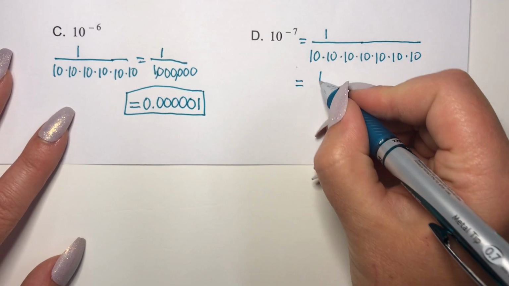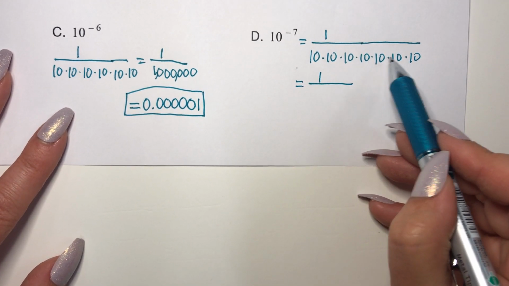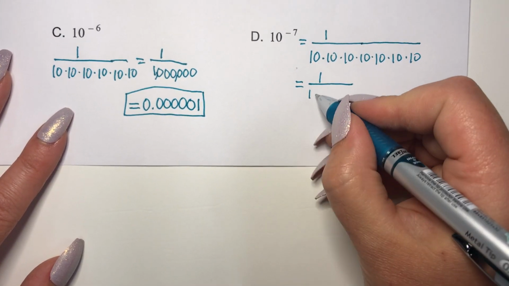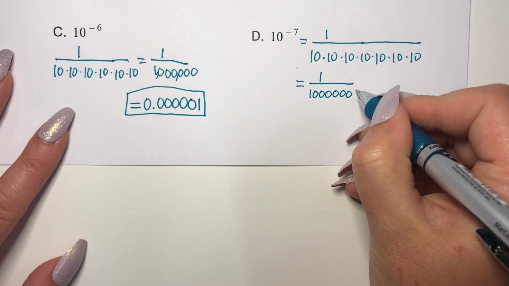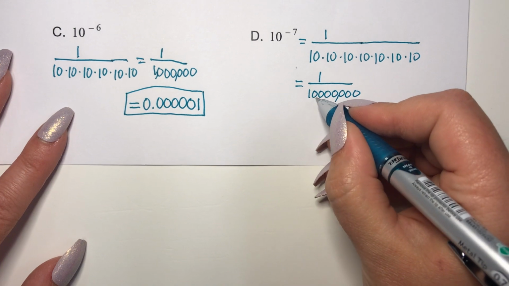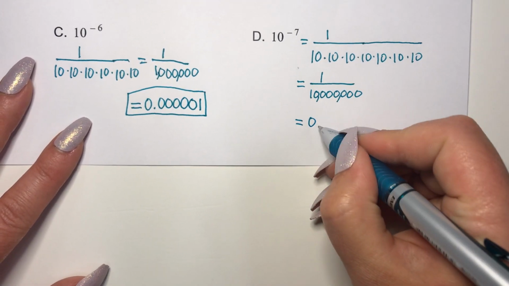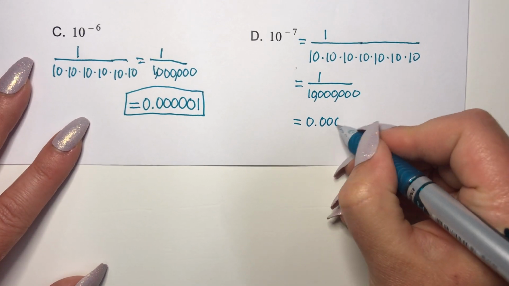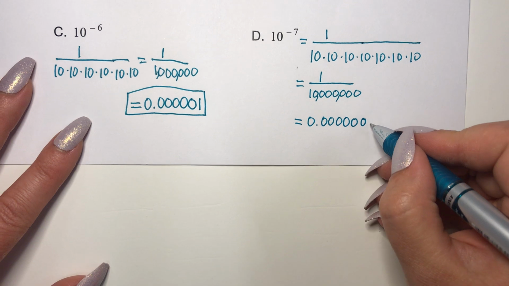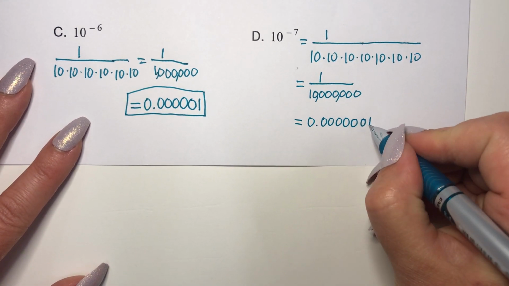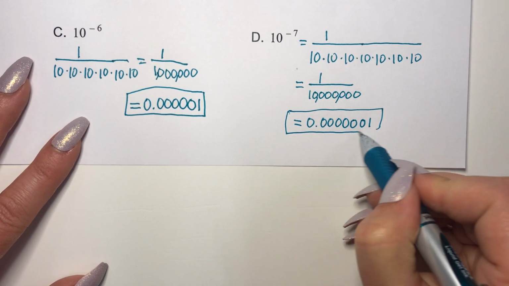And that would be the same thing as 1 over, how many zeros? 1 and 7 zeros. 1, 2, 3, 4, 5, 6, 7. Ooh, 1/10,000,000th. Okay. So let's do the decimal. 0, this would be the tenths, hundredths, thousandths, 10,000ths, 100,000ths, millionths, and it's 1/10,000,000th. That is a very, very small number. And there you go. There's our answer.